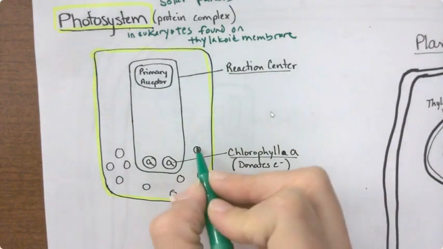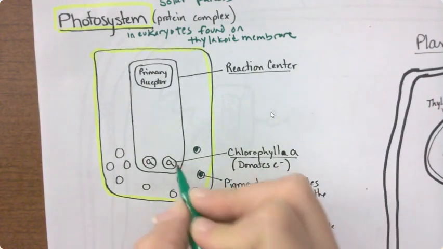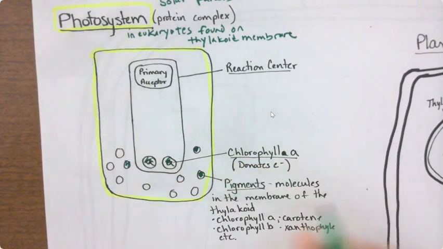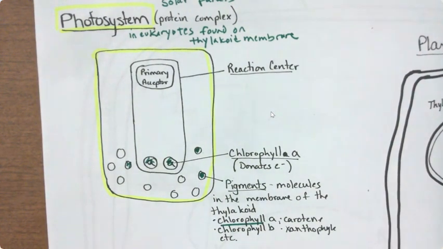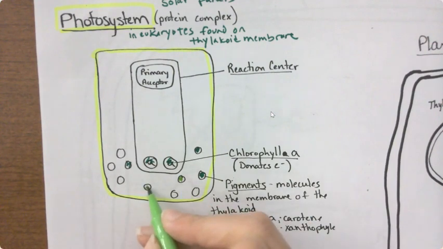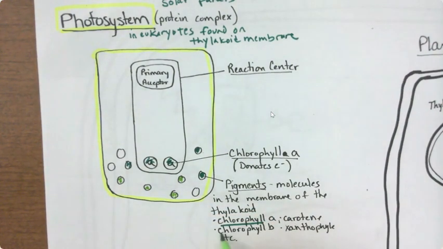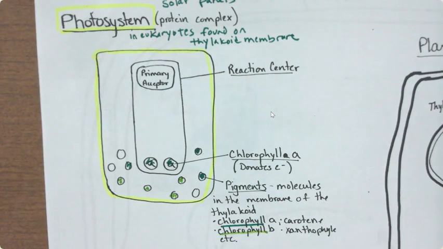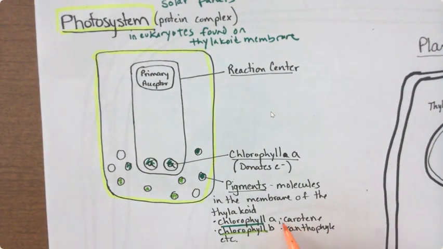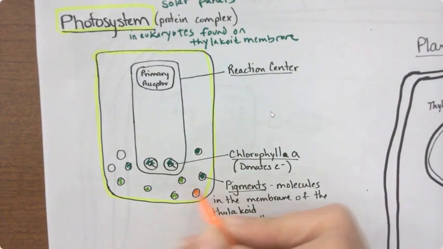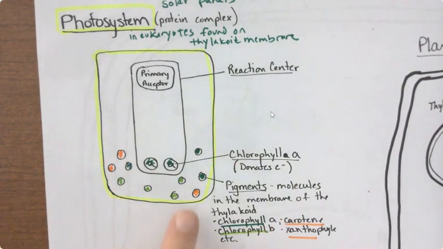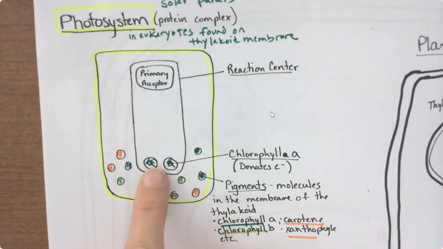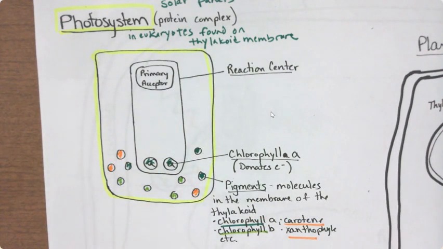You can find pigments of chlorophyll A, chlorophyll B, and pigments like carotene or xanthophyll. All of these pigments are molecules that capture energy from the sunlight and transfer it to this group of chlorophyll A right here. And each of these pigments preferentially captures different wavelengths of sunlight.